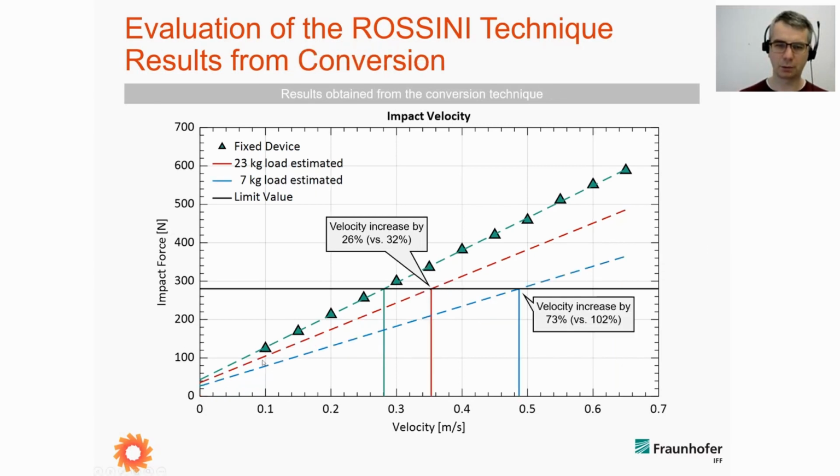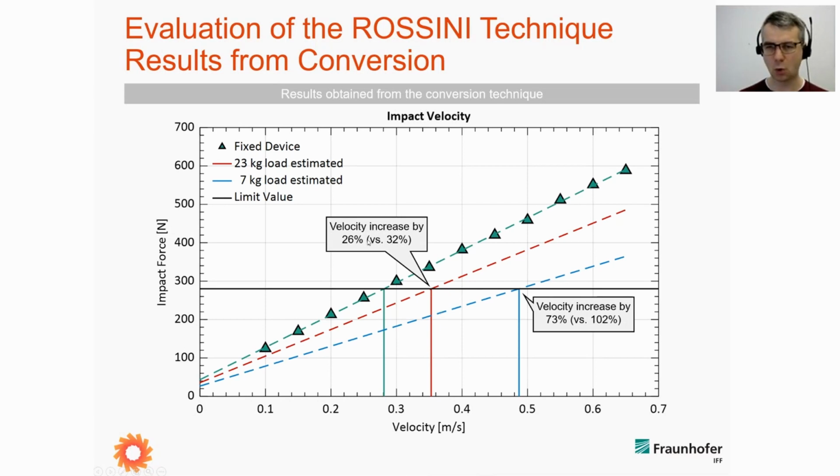And here we compare the results to our conversion technique. Again, we have the green curve taken with the fixed measurement device, and with our conversion technique, we receive the red curve, which gives us, at least for this condition, an increase of 26% in velocity compared to the 32% we receive with the movable device.